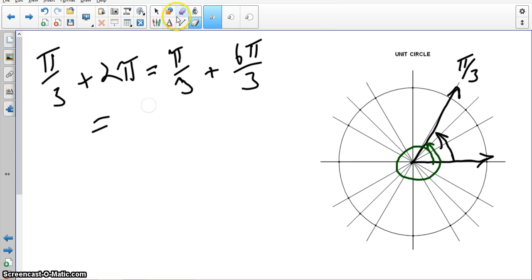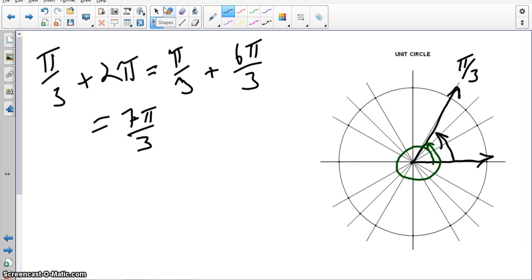You should be taking notes here, guys, as always. 7 pi over 3. What you could do, and I'm okay with it, it's kind of chickening out a little bit, but you can convert to degrees, do the problem in degrees, and convert back, and that would work too.